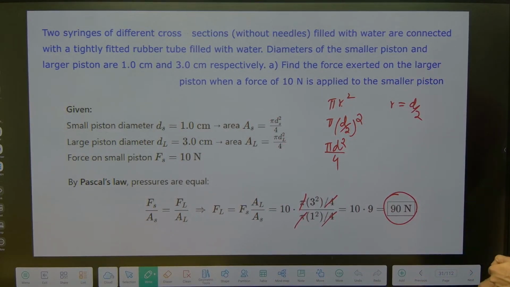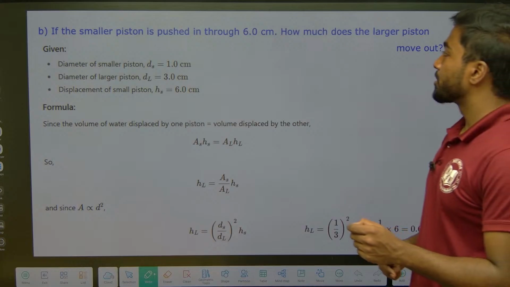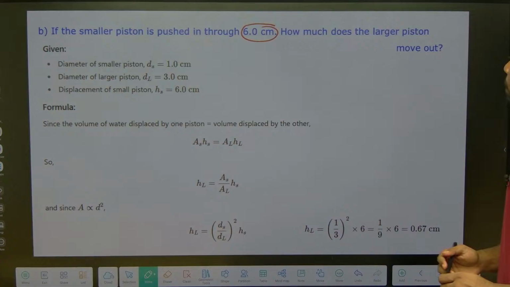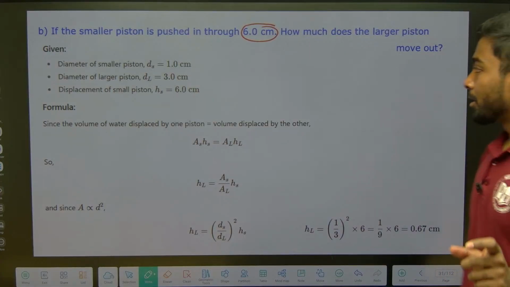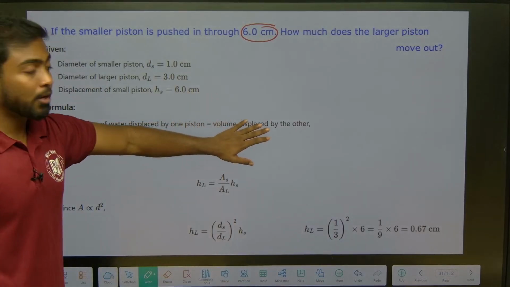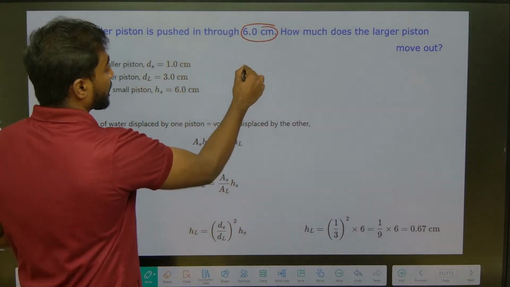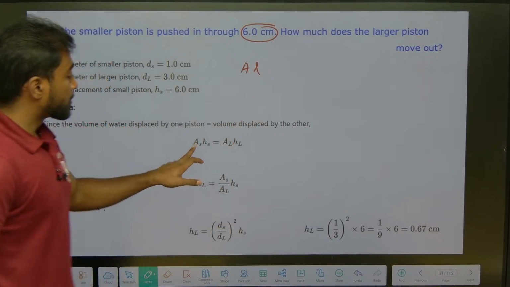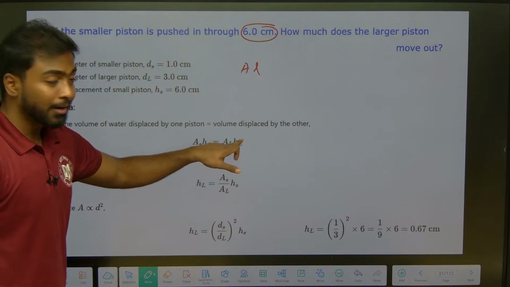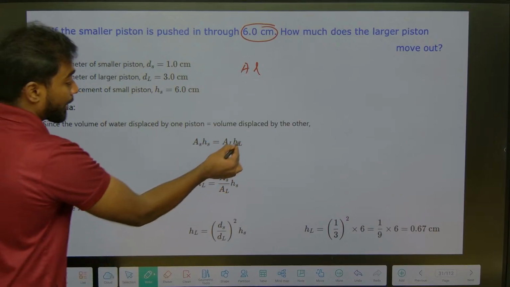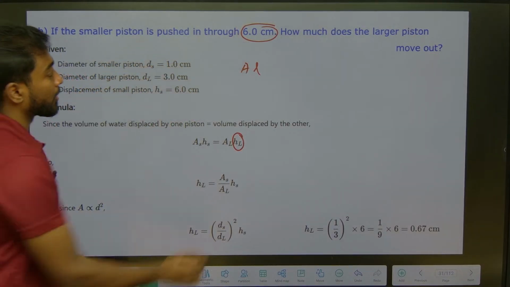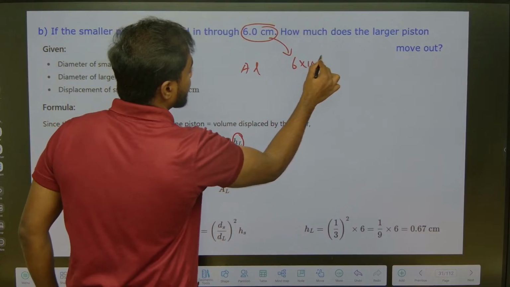So the next question: if the smaller piston is pushed in through 6 centimeter, how much does the larger piston move out? Since the volume of water displaced in one piston equals the volume displaced in the other piston, and volume is area into length or height, the area of the smaller piston times its height equals the area of the larger piston times its height. I need the height of the larger piston. The smaller piston is pushed 6 centimeter, which I can write as 6 into 10 power minus 2 meter.